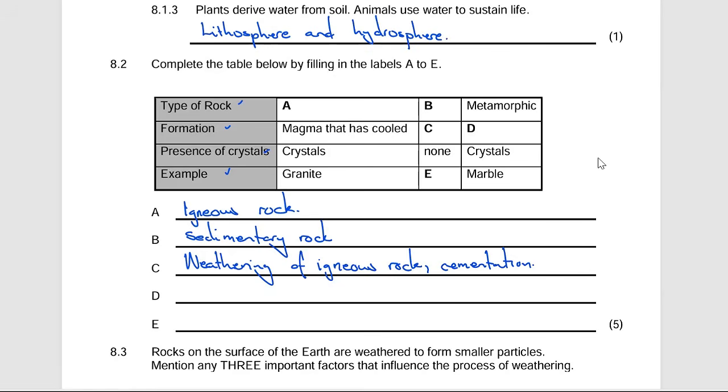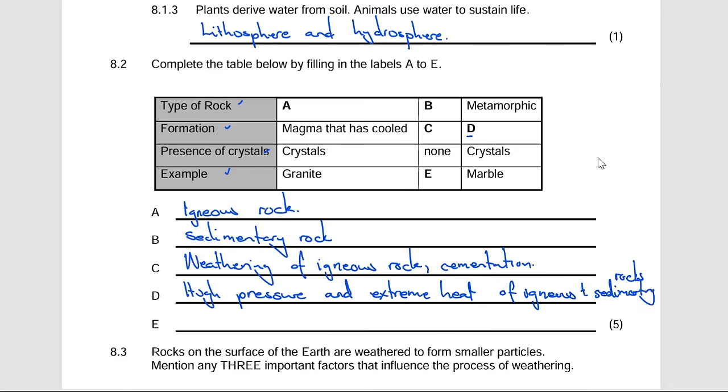Then after that, option D. So D is high pressure and extreme heat of igneous and sedimentary rocks.